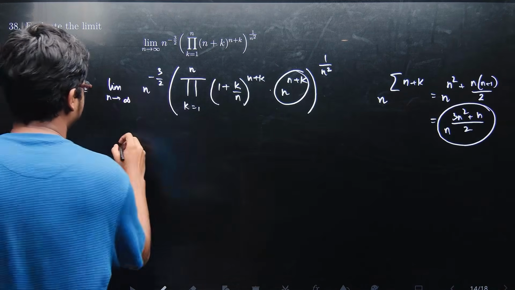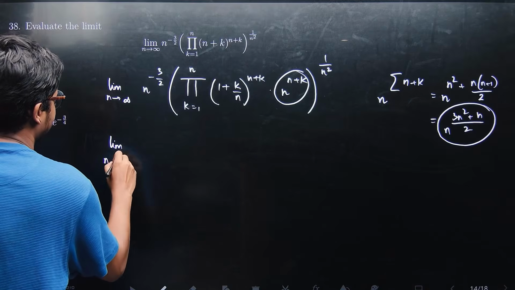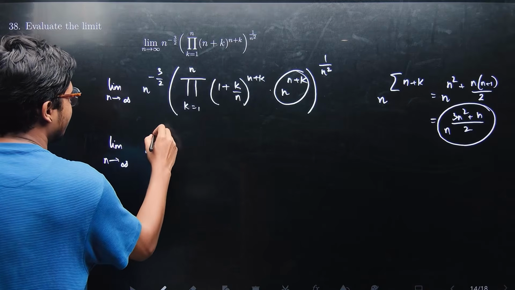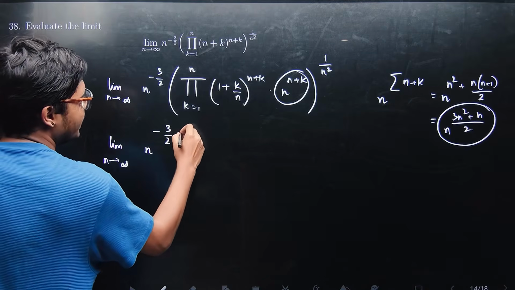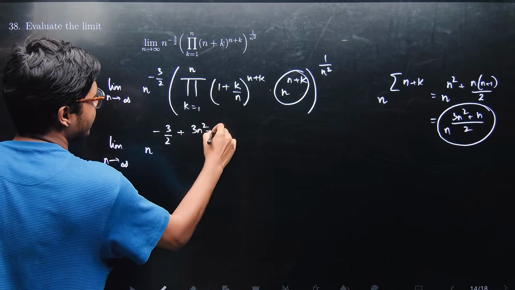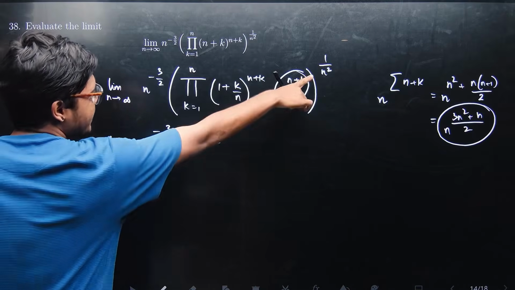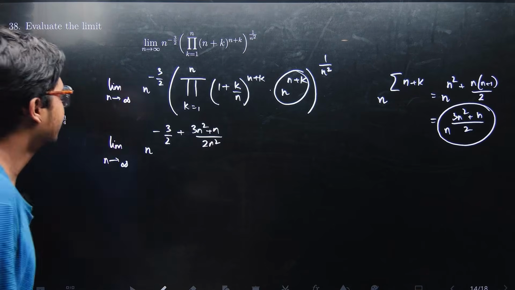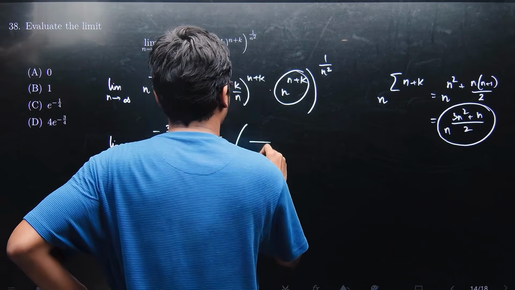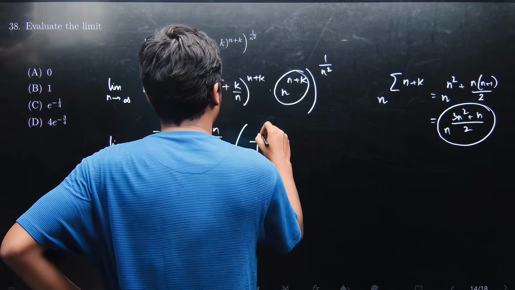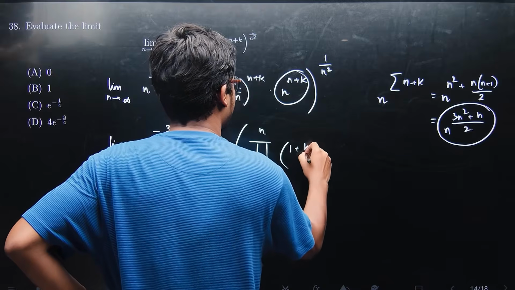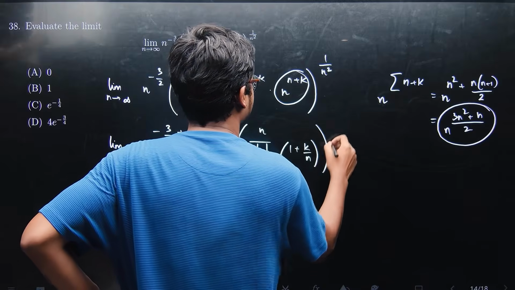This will turn into n to the power minus 3 by 2 plus 3n square plus n by 2n square, now because of this by n square that you'll get over there, times inside the product. Now you have product of k equal to 1 to n, 1 plus k by n whole to the power 1 by n square, right?